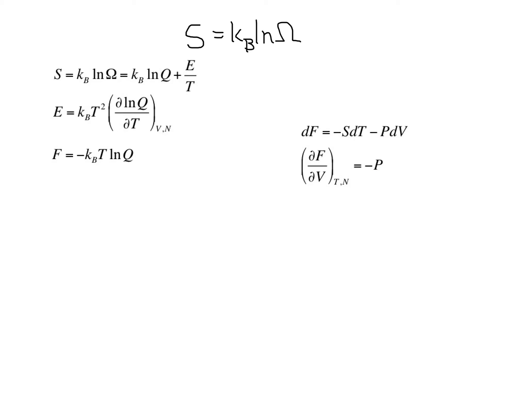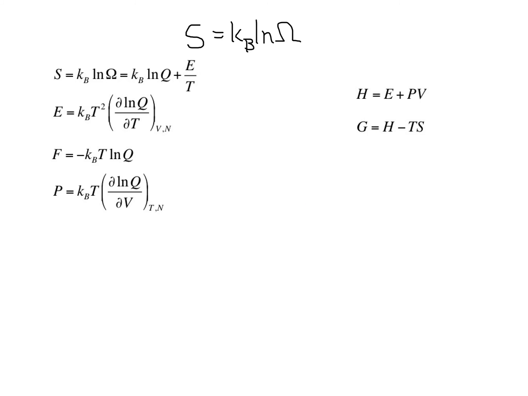Notice that the partial derivative of the Helmholtz free energy with respect to volume at constant temperature and number of moles is just equal to minus P. Therefore, if we take the partial derivative of our expression for the Helmholtz free energy in terms of the partition function with respect to volume at constant temperature and number of moles, we will have an expression in terms of the partition function for the pressure. Carrying out this differentiation gives us the following expression for the pressure.